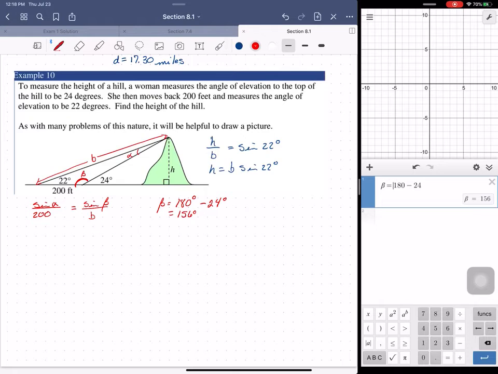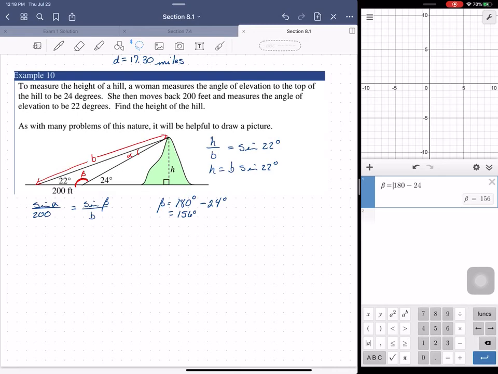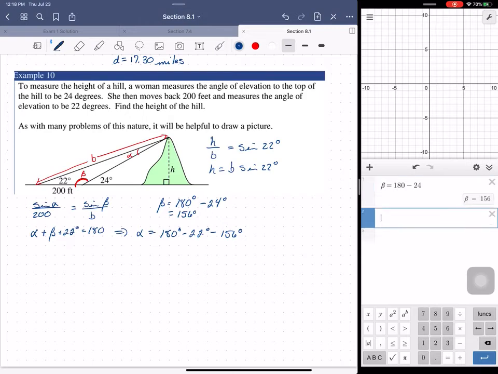And so now I know alpha, because I know that alpha plus beta plus 22 degrees has to equal 180, which means that alpha is equal to 180 degrees minus 22 degrees minus beta, which is 156 degrees.